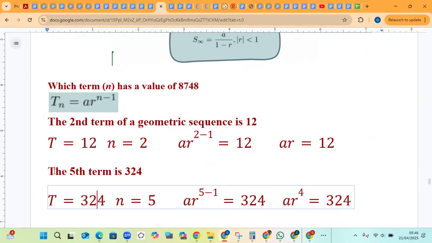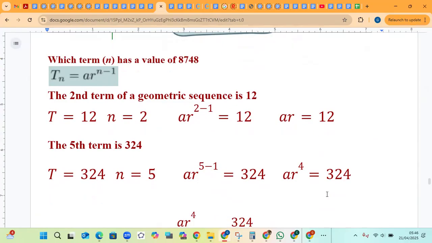Now the next piece of information is the fifth term is 324. So t is 324 and n is 5. So you have a times r to the 5 minus 1 is 324, so a r to the 4 is equal to 324. Now you have two equations and two unknowns, a and r.